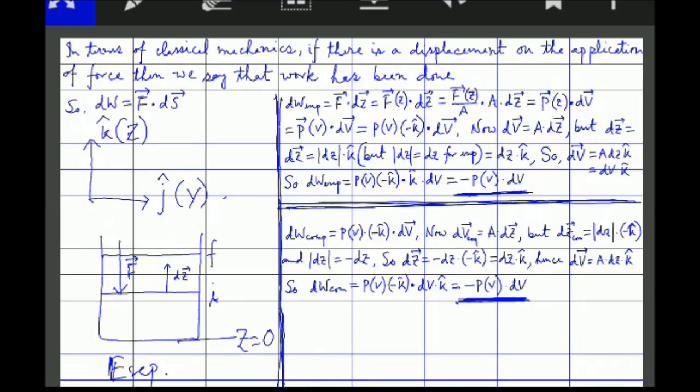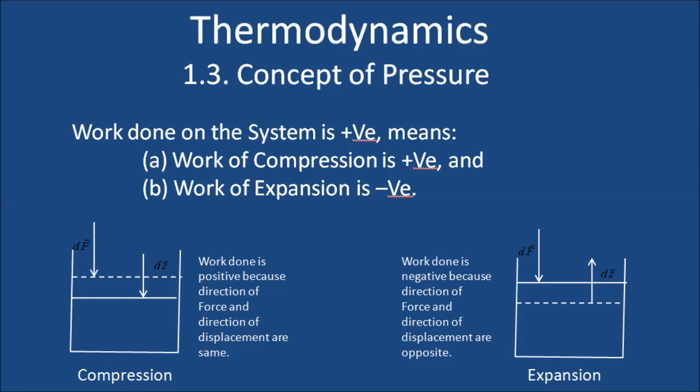So now we see both have the same sign. Now our sign will depend on the initial and final volume.